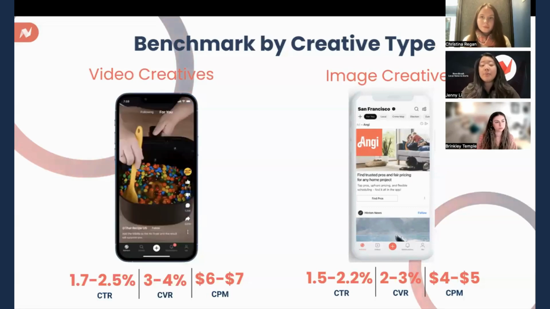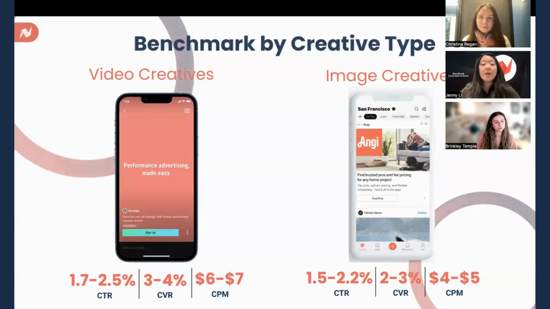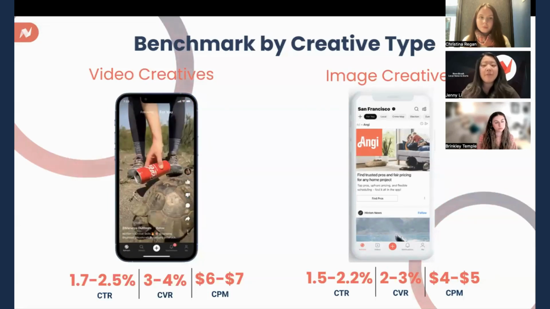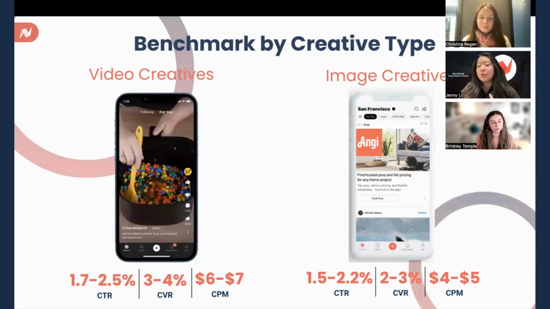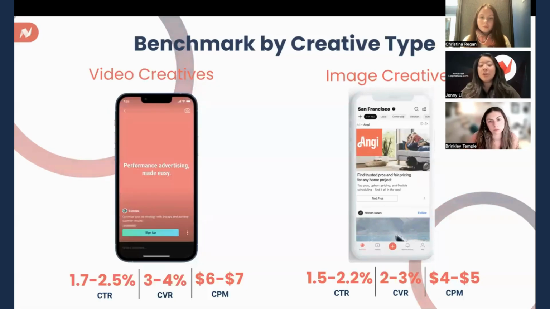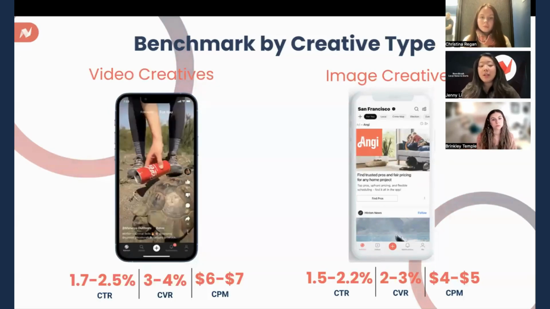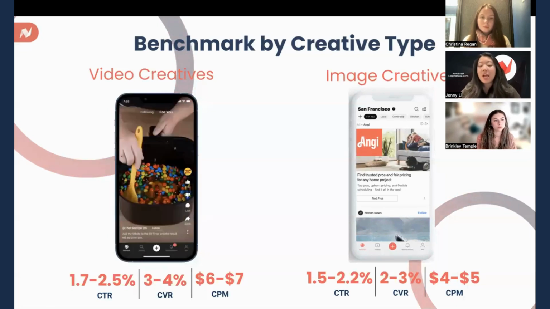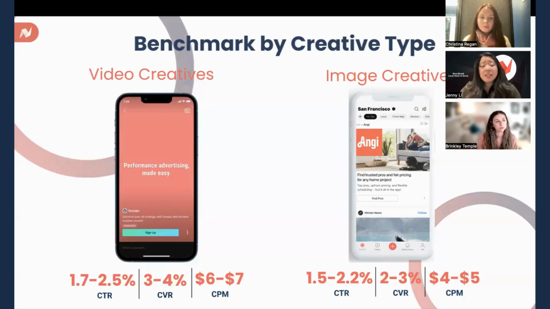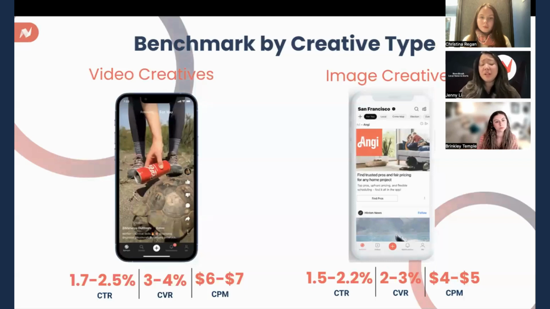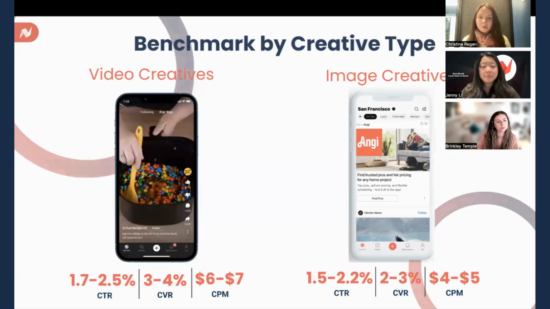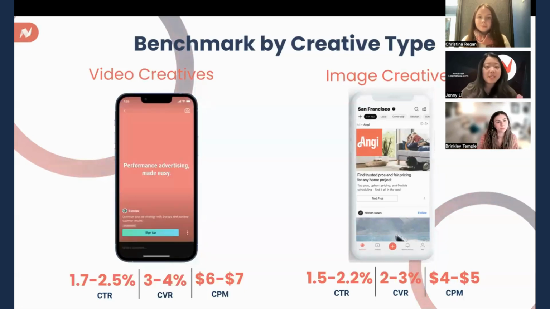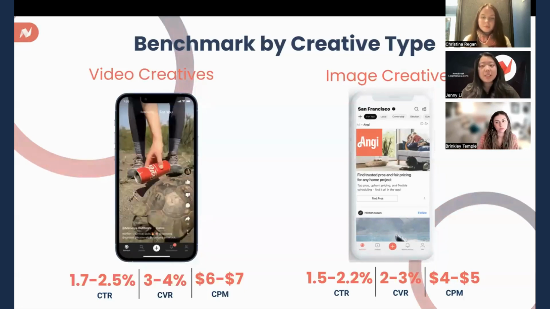And then in terms of horizontal image creatives, we also have a lot of other kinds of offers that do well for image creatives. So you see a cheaper cost, lower CPM, and our CTR and CVR is also relatively very competitive. But ultimately, I recommend always to test both out.